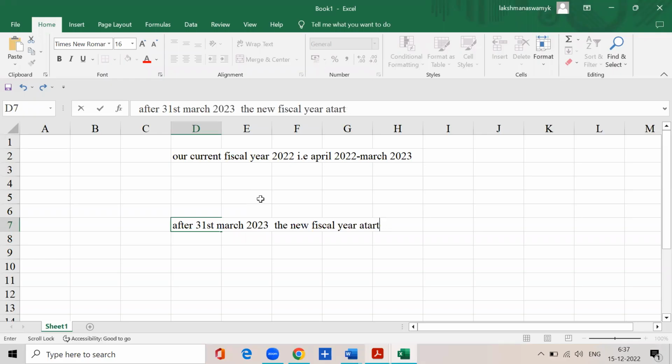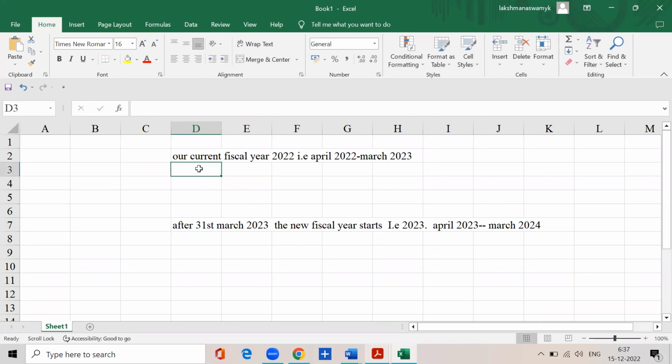What is the new fiscal year? 2023. That is, April 2023 to March 2024.